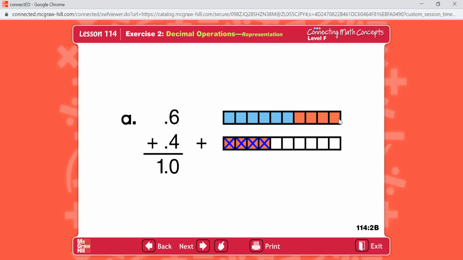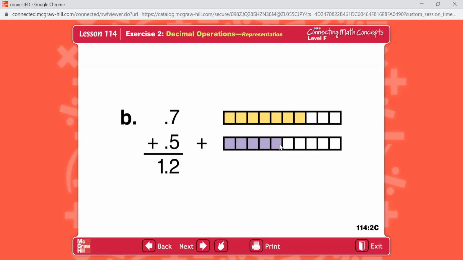In the second bar, you should shade in 5 for 5/10. Just like so. 7/10 plus 5/10 equals 12/10, which is 1 2/10.